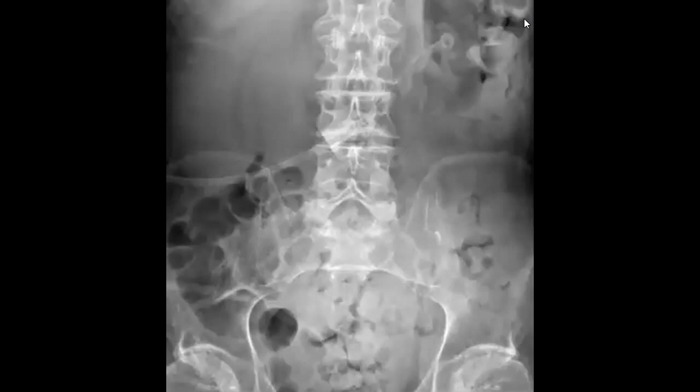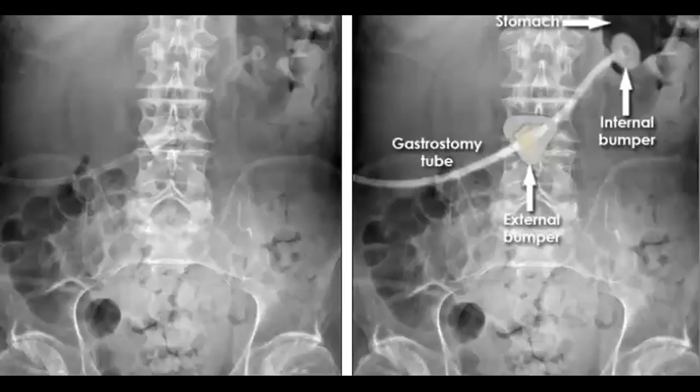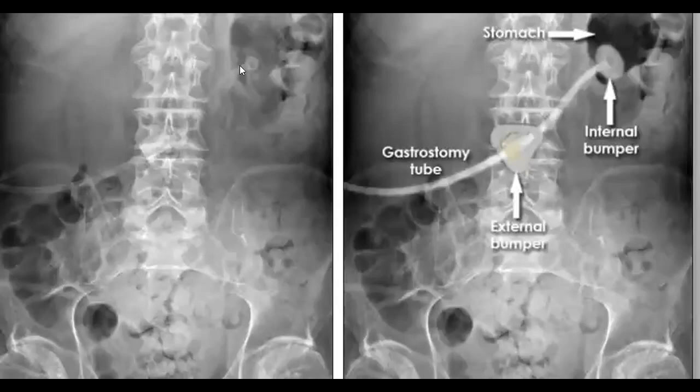Yes, feeding tube, gastrostomy tube, exactly. So this is the stomach, and this is what is called the internal bumper. And here you can see this triangle, which is the external bumper, and this is the gastrostomy tube.